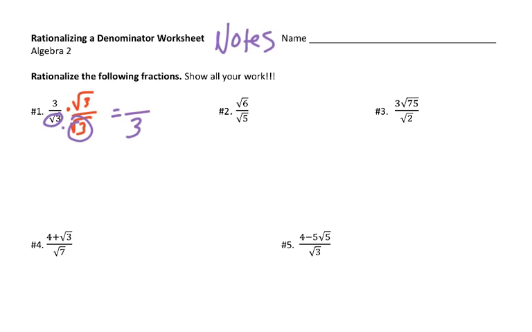Now the numerator does not necessarily get less tricky, but that's not the point of rationalizing the denominator. We are just focusing on making the denominator simpler. So the numerator is just going to be 3 next to the square root of 3, and that is our rationalized answer. The whole idea is to take the denominator and multiply it as a form of 1 to the top and the bottom, and then simplify.